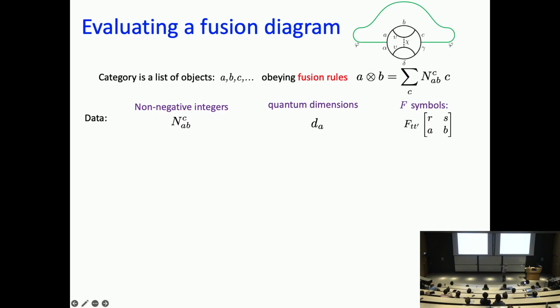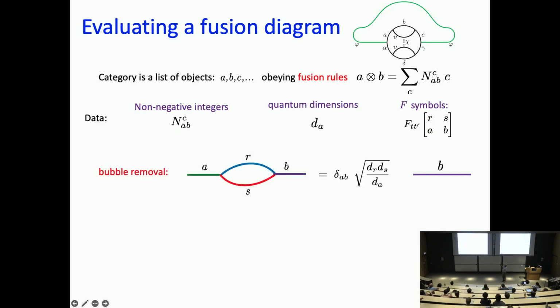Everyone in here is familiar with this in one context or another, like taking tensor products of representations of Lie algebras, or the operator product expansion in conformal field theory. You fuse these operators together and get a linear combination of other objects, and these coefficients are non-negative integers that describe the fusion, so 0, 1, et cetera. Then there are a couple of other numbers: the quantum dimension associated with each of these objects, that's a number.